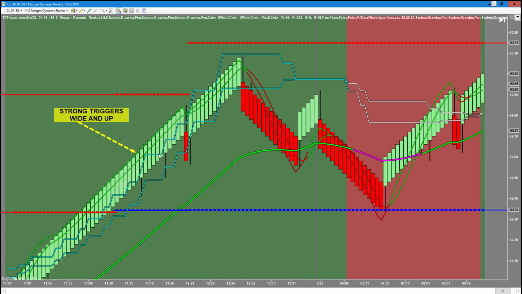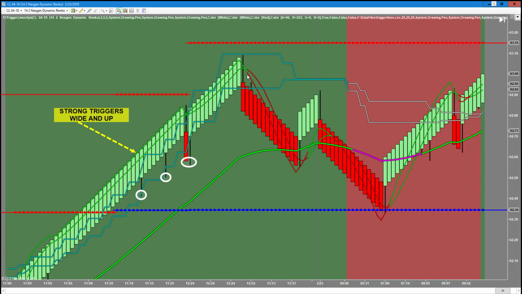These synthetic triggers on the 14.2 chart come from a much larger chart. But it's the relationship of these small triggers being wide up and also having wide up synthetic triggers at the same time. These little pullbacks are the spots where we will get into trades and look for the market to continue to the upside.